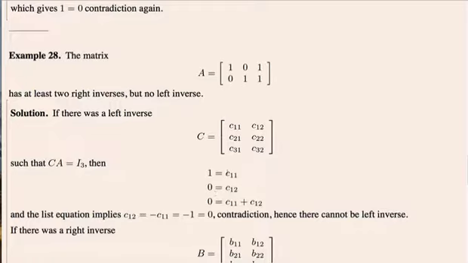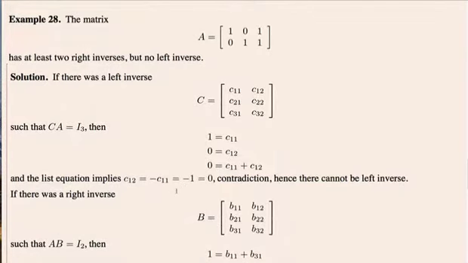The 1,2 entry only C12 is picked up, that's supposed to be 0, and then the 1,3 entry is C11 plus C12. And then from here what we get is a contradiction. Again, that means you cannot have a left inverse.